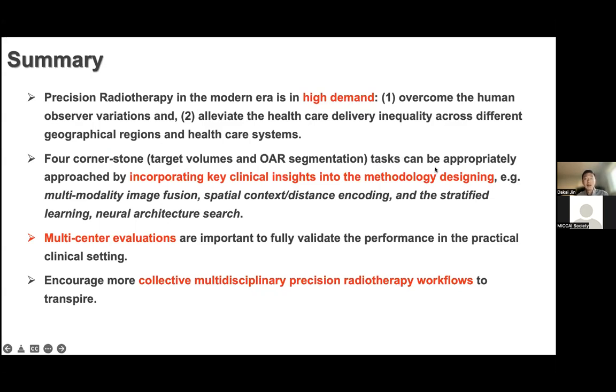We see that they can be properly approached by incorporating key clinical insights into the methodology designs. Also, multi-center evaluation is helpful to fully validate the performance in clinical practice settings. And hopefully this can encourage more collective and multidisciplinary precision workflows in the future.